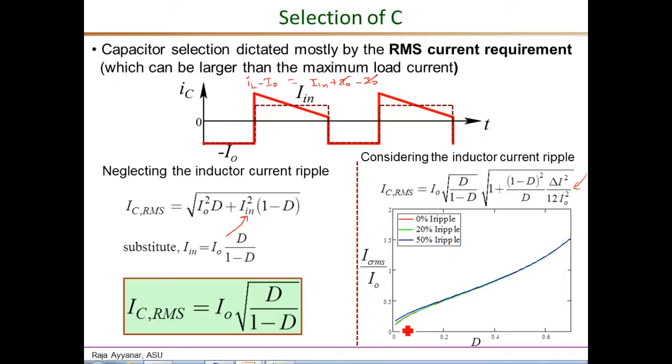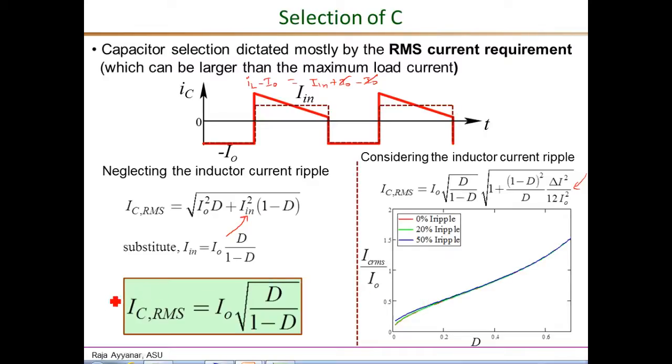The red plot, which is barely visible, corresponds to the base case of 0 ripple, the green is 20% ripple, and the blue is 50% ripple. As can be clearly seen, even for as high a ripple as 50% of the average current, there is almost a negligible increase in the RMS capacitor current.